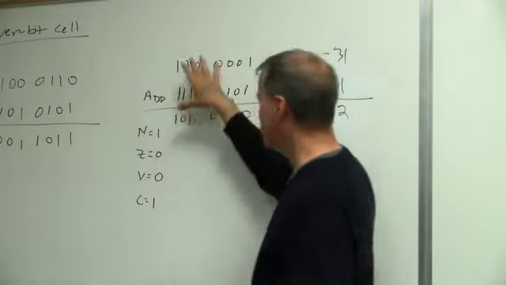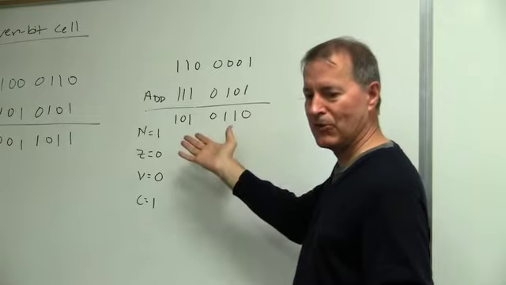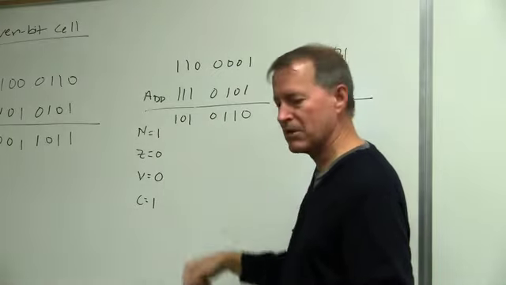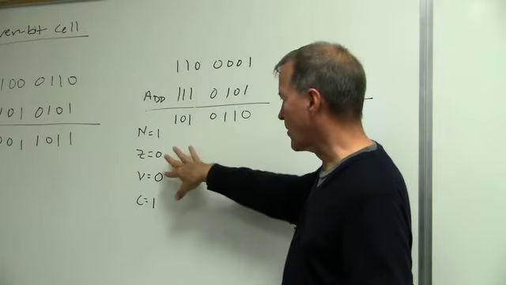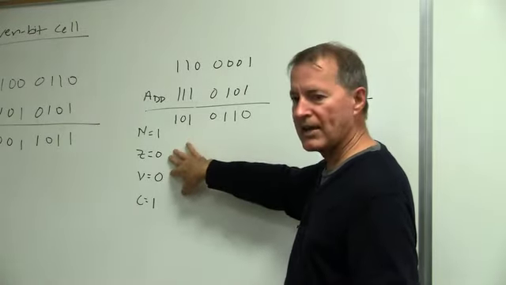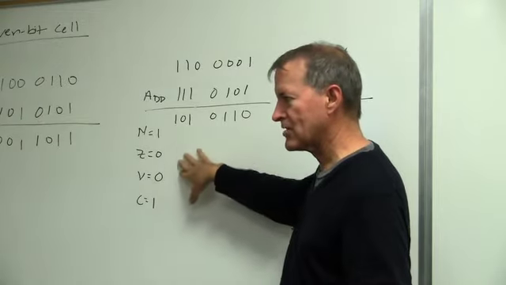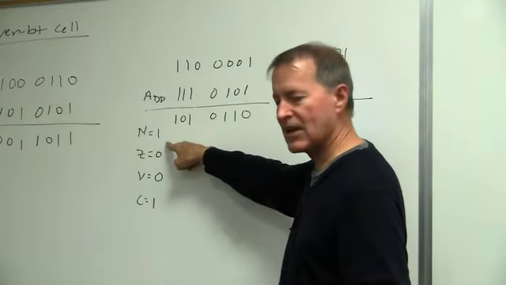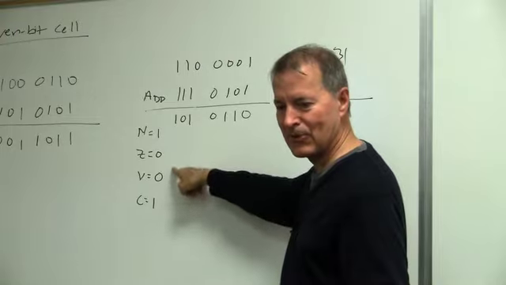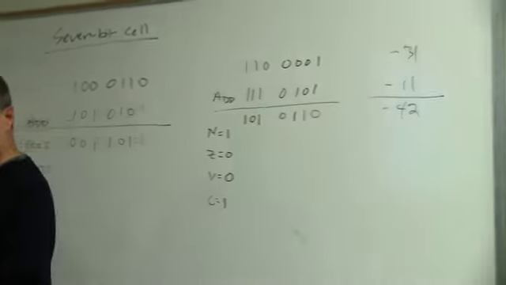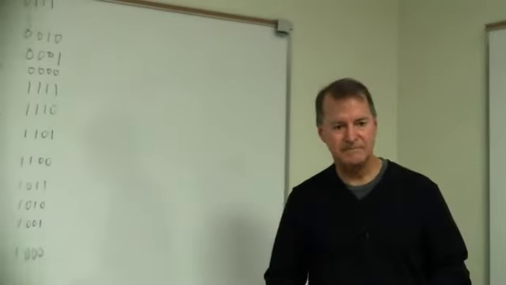So you see, the circuitry doesn't know whether you are interpreting this as a signed or an unsigned number. The circuitry just does this and sets the bits. It's up to you, the software. If you're writing software to do this addition, after you do the addition instruction you would test these bits to see whether or not you want to declare that it was an overflow. Does everybody see how that works?